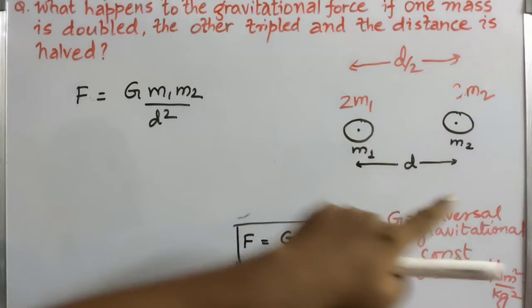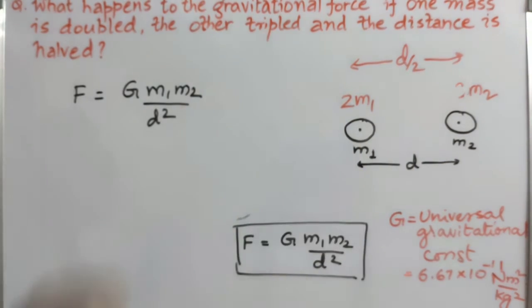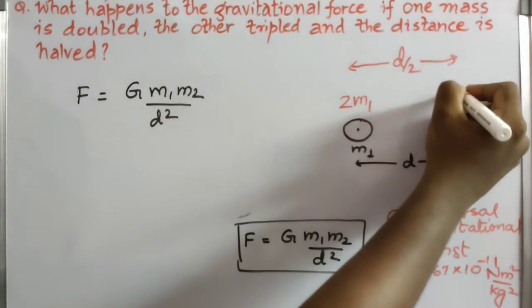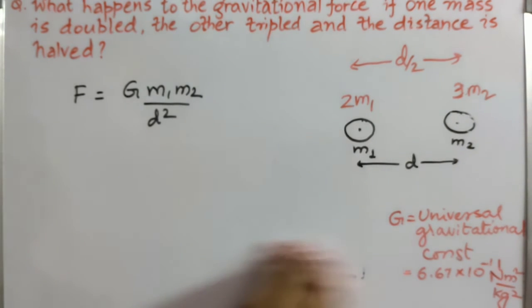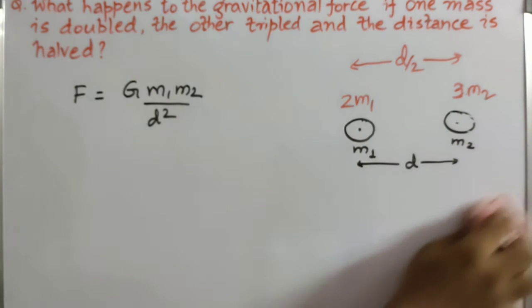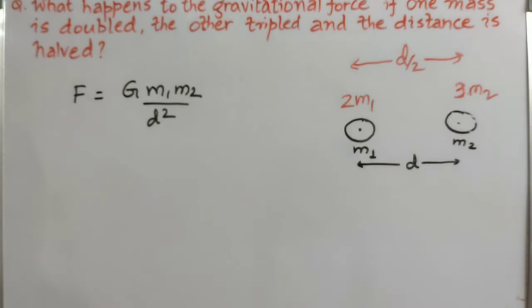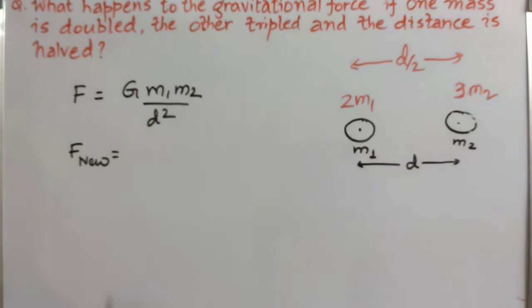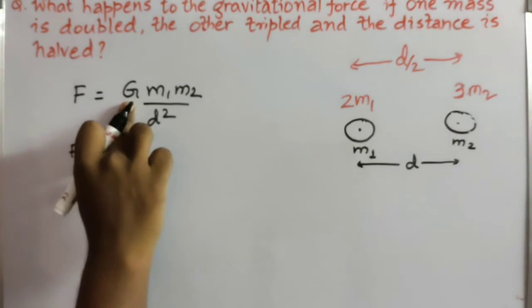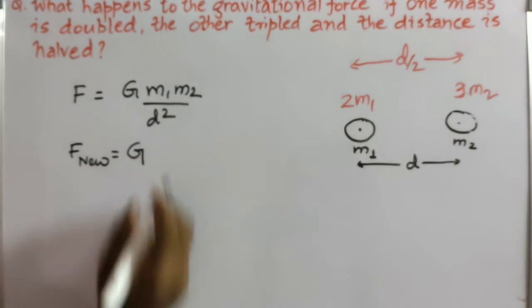Whatever I have written here with black ink is the initial condition, and whatever I have written in red ink is the new condition given in the question. So let us find out what happens to the net force. From the law of gravitation, the new force, I am writing it as F new, is equal to G, the universal gravitational constant, not going to change.